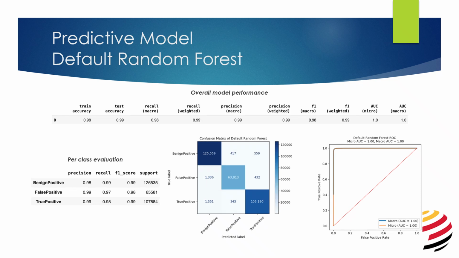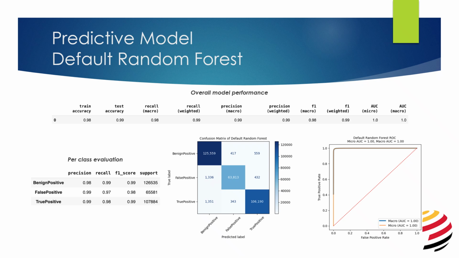Now, let's look at the default random forest. This model achieved 99% test accuracy, with macro and weighted recall, precision, and F1 scores all between 98% and 99%. It also delivers perfect ROC curves, with both micro and macro AUC at 1.00.